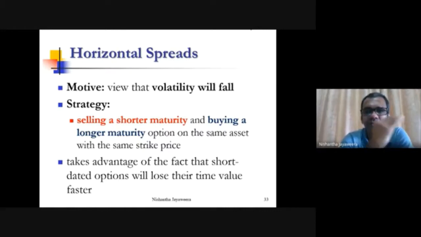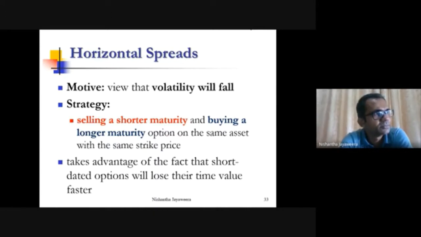What would happen if the volatility goes down? What would happen to the option premium if volatility goes down? Premium goes down. Okay. Now, but we use two different expiries. Then what is the impact on that?